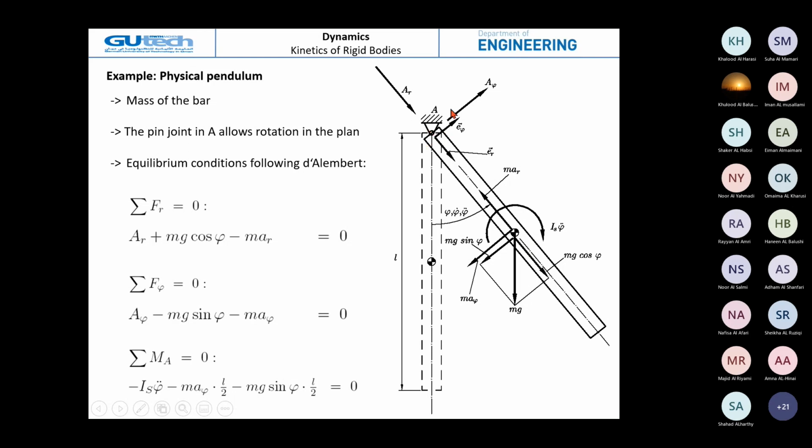We have here the reactions, which are A_r and A_phi, as it rotates about this point A, which means there is no moment here at the point A. Then for the radial direction we have the reaction in the radial direction, A_r, minus m a_r plus mg.